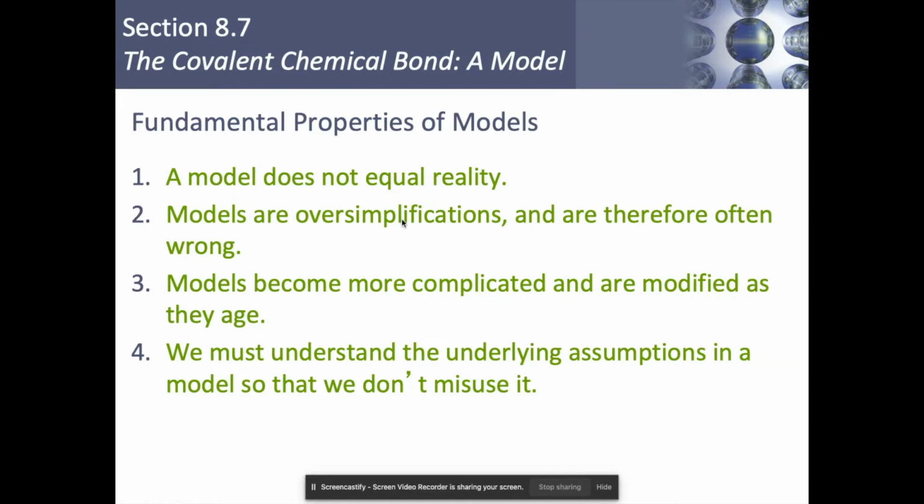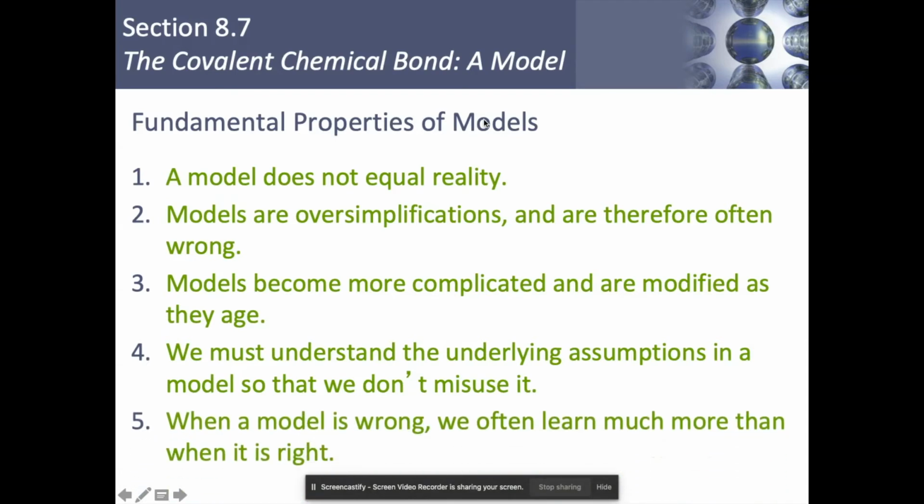And so the whole point, though, of utilizing a model in order to understand something in chemistry is that you have to understand the assumptions that are being made so that you don't just think, oh, of course, this is the way it always works. This is the way it works under this model, okay? That's kind of the important part. And again, if a model is wrong, we often learn much more about what's going on than when a model is 100% correct.